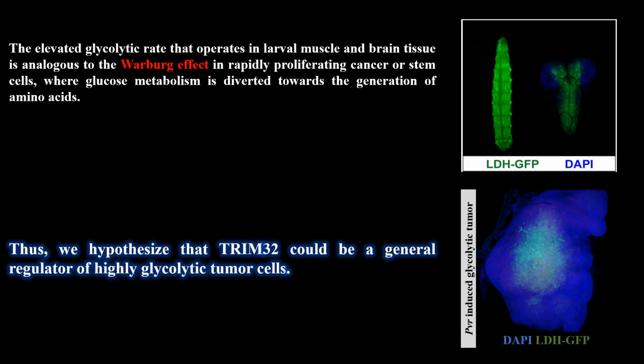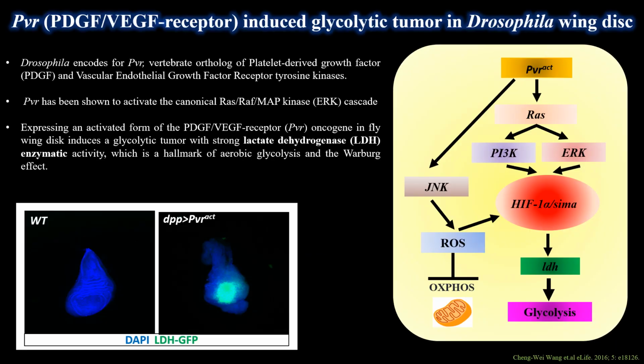The elevated glycolytic rate that operates in larval muscle and brain tissue is analogous to the Warburg effect, where the proliferating cancerous stem cells utilize glucose metabolism for the generation of amino acids. Therefore, we hypothesized that maybe TRIM32 could be a general regulator of highly glycolytic tumor cells. We made use of the Drosophila PVR wing disc tumor model.